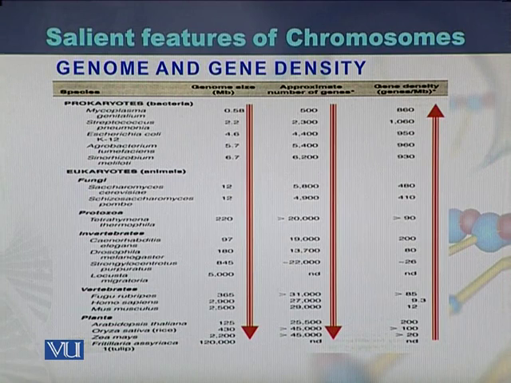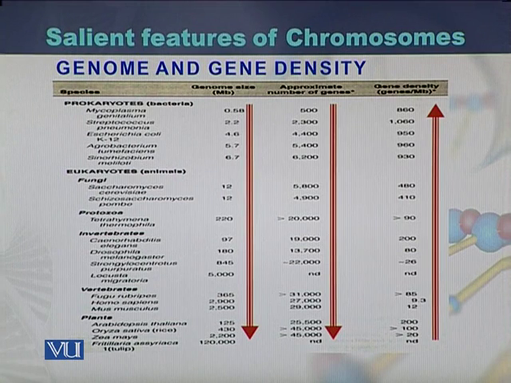On the other hand, if we see the approximate number of genes, prokaryotes have fewer, while the number of genes is maximum in eukaryotic cells. Vertebrates and plants have a higher number of genes as compared to prokaryotes.